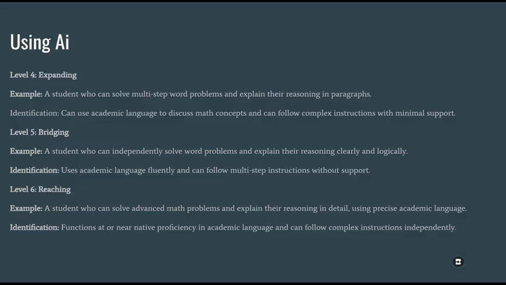Bridging, a student who can independently solve word problems and explain their reasoning clearly and logically, uses academic language fluently, and can follow multi-step instructions without support. And finally, level 6, reaching. A student who can solve advanced math problems, explain their reasoning in detail using precise academic language, functions near native proficiency in academic language, and can follow complex instructions independently.